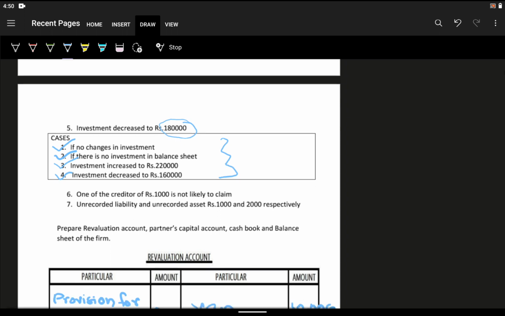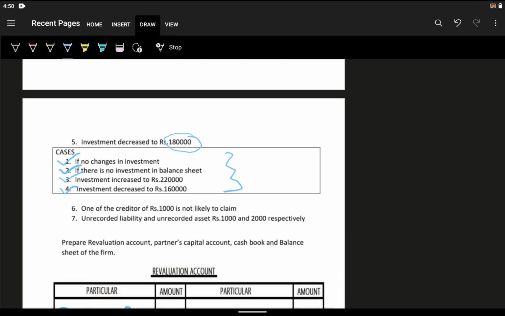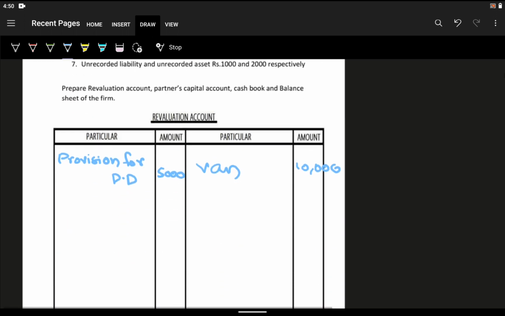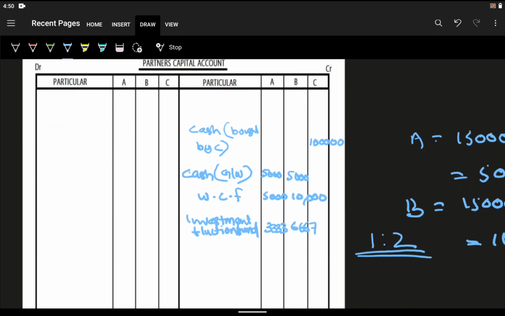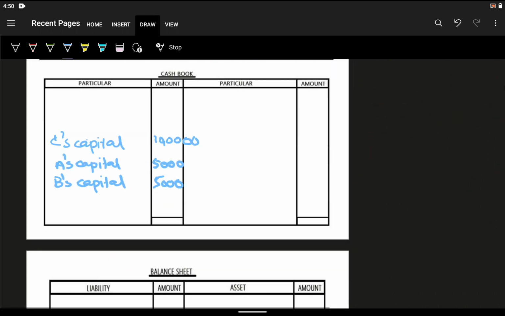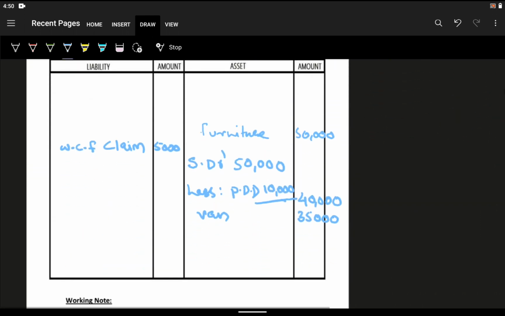Okay, so in this question, what is the real adjustment? 1,80,000. So we deducted 20,000 from investment fluctuation fund. The remaining we distributed to all the partners, and we will write the new value of investment.